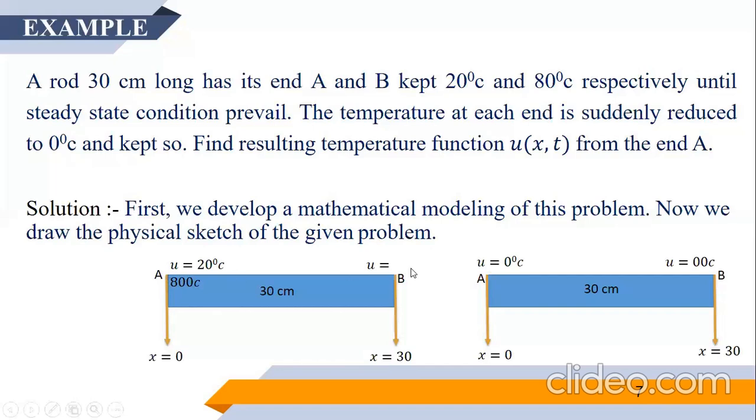So this is the rod whose length is 30 centimeter. In the left end, u is equal to 20. In the right end, u is equal to 80 degrees Celsius. So here 80.